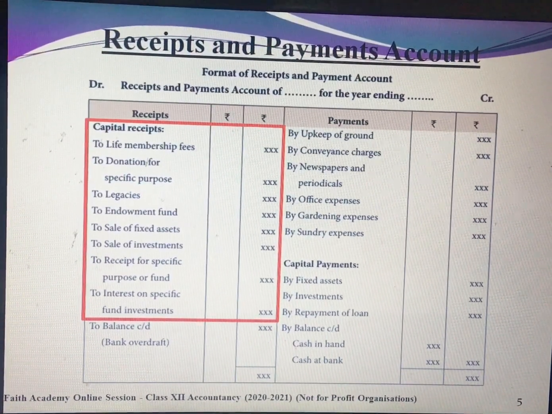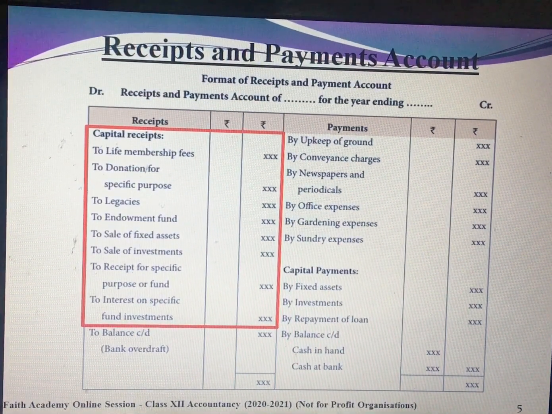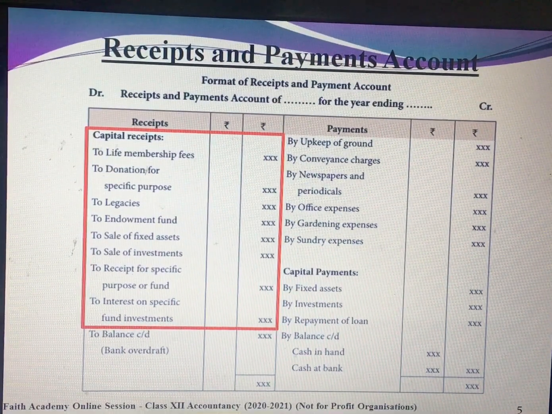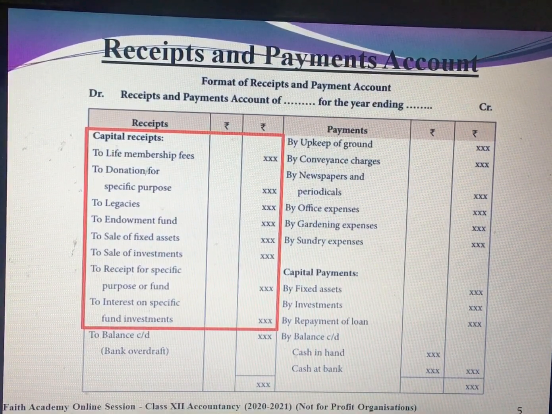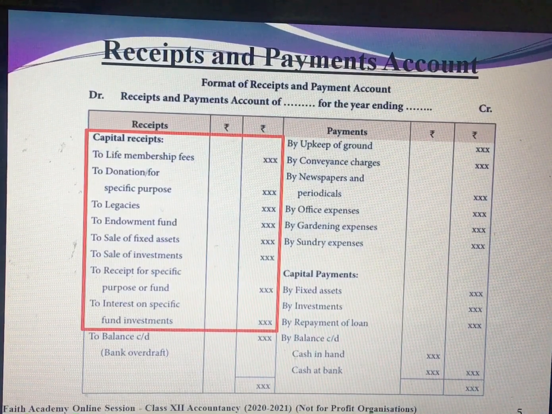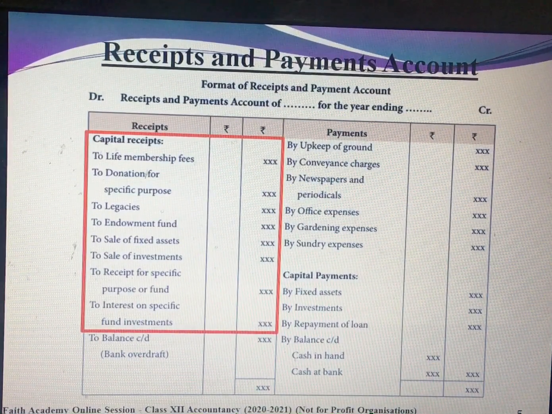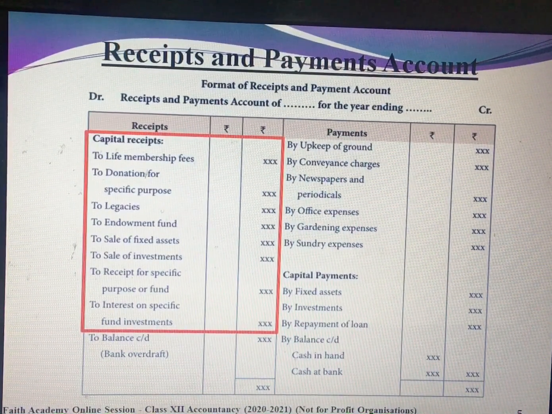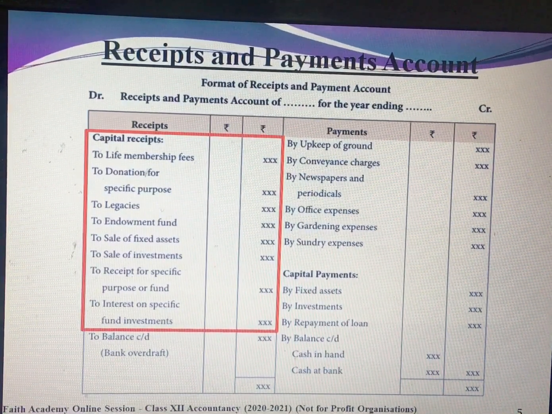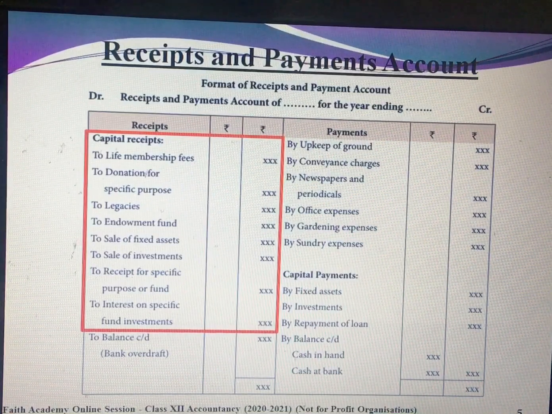If we are selling any fixed asset, selling any investment, or receiving any amount for a specific purpose or specific fund, all these will comprise capital receipts. We'll be talking about terms like legacies, endowment fund, and life membership fees in detail in another session, maybe tomorrow. So let's just keep it simple here.